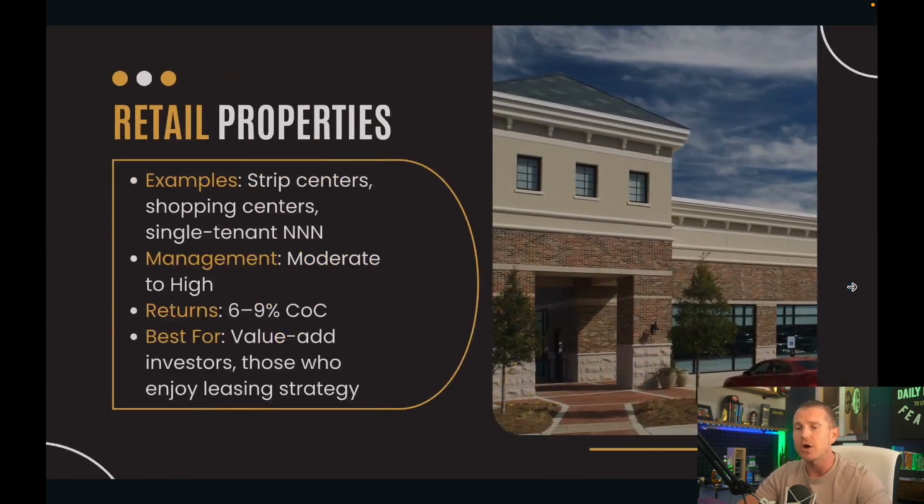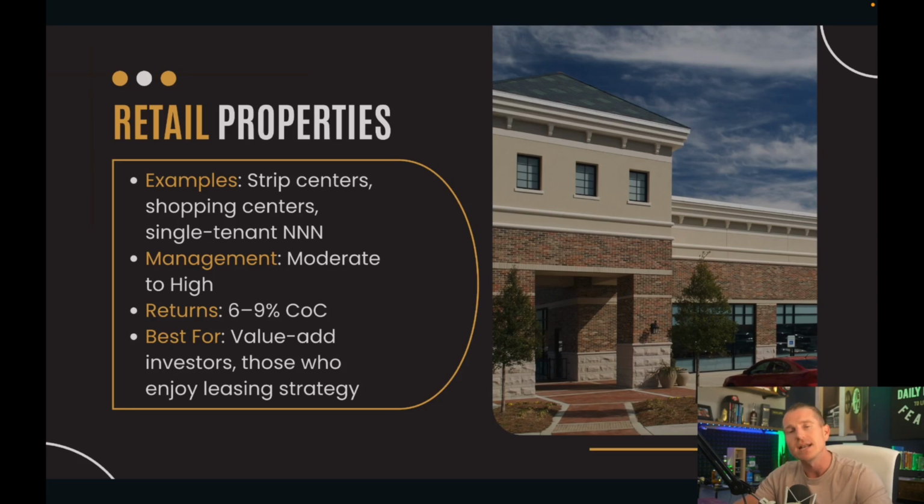Next, let's talk about retail properties to get a little more granular on what some of these asset types are. We talk about the main asset types in commercial real estate being multifamily, retail, industrial, and office. There are subcategories underneath those, as well as other investment categories, but those are the main four, we'll call them legs to the chair.